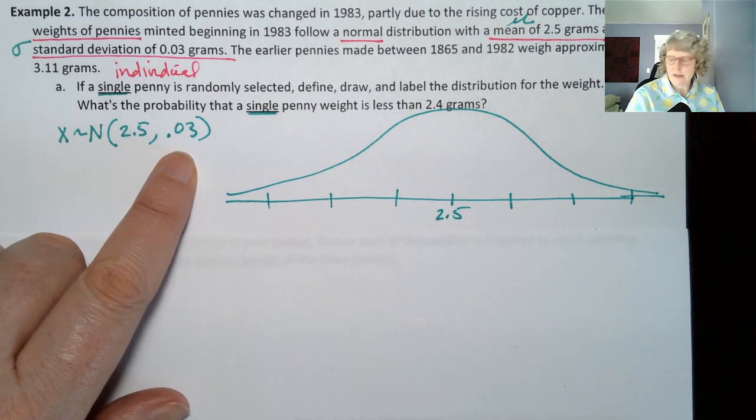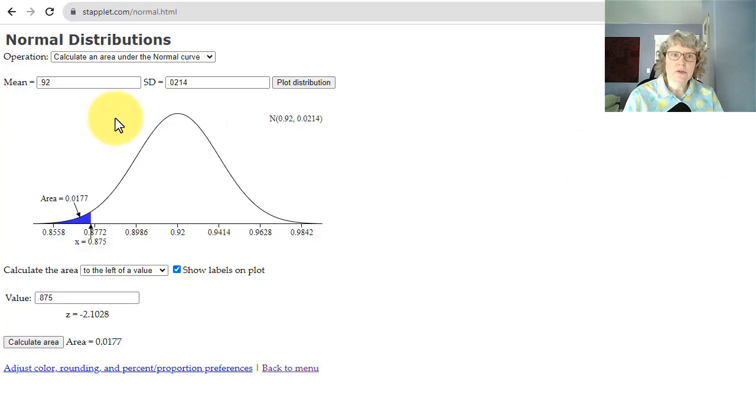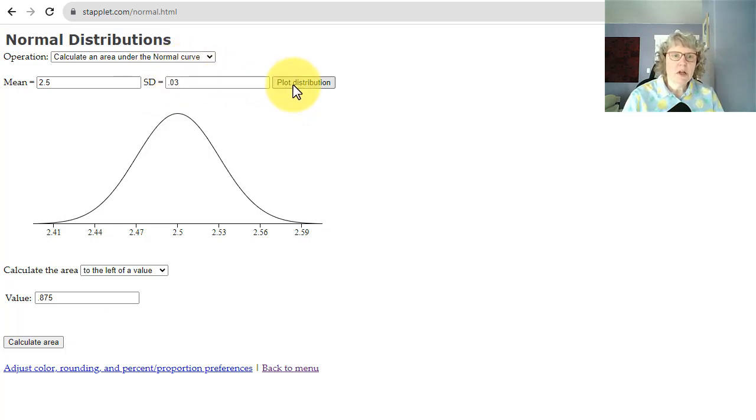And 0.03, so at this point I think I am going to go to Statlet because I can have it do the calculation for me. So I'm going to put in my mean of 2.5, and this is grams, right? And 0.03, plot distribution.